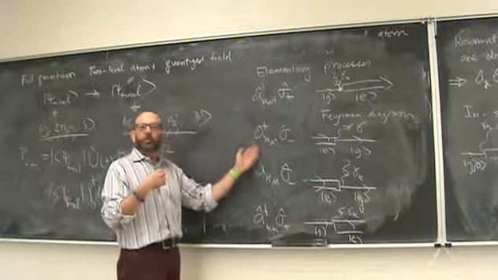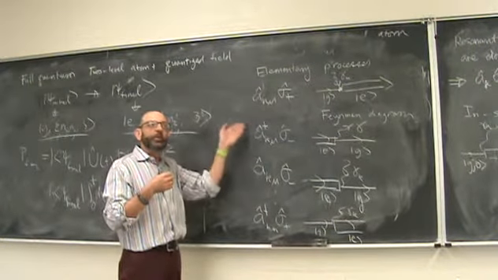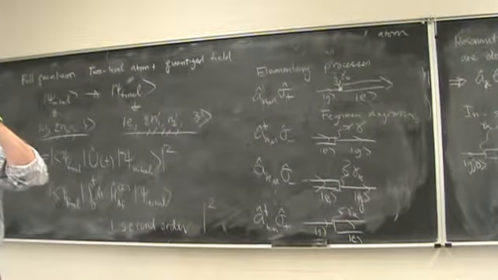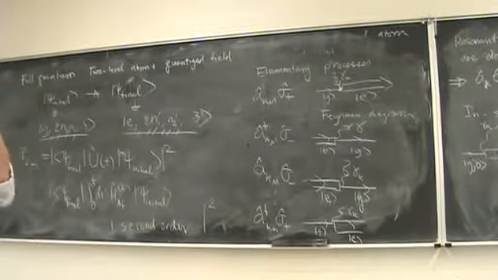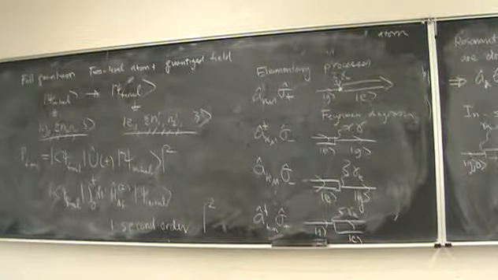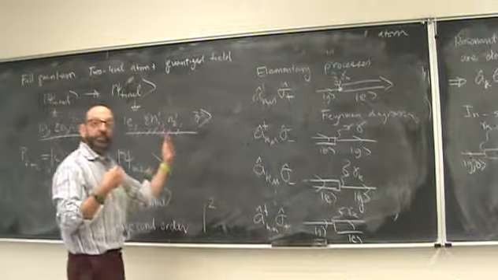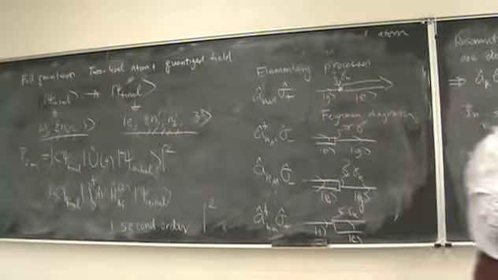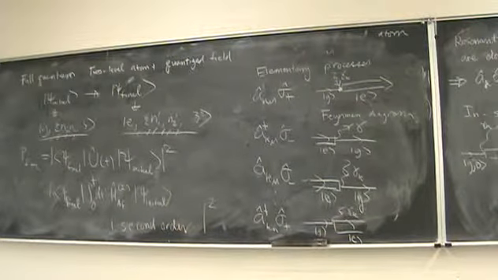The difference between what we've done here and what you would do in high-energy quantum electrodynamics is that you would treat the charges relativistically. And when you treat the charges relativistically, you can't just talk about the electron, you have to also talk about the anti-electron, also known as the positron.